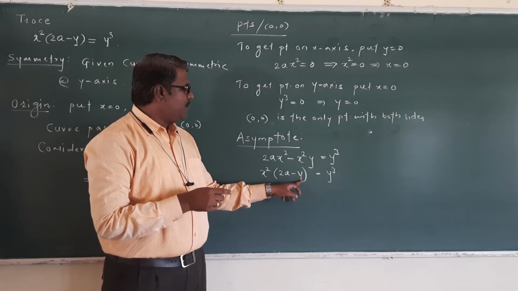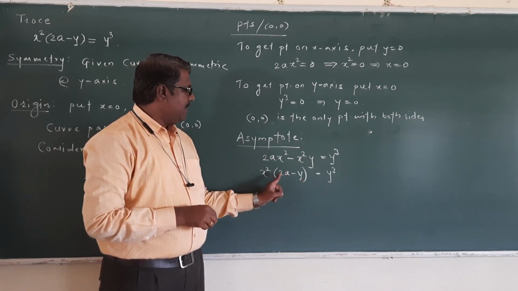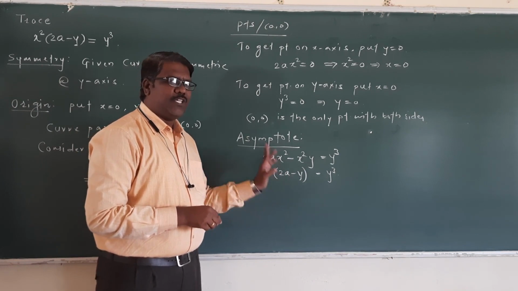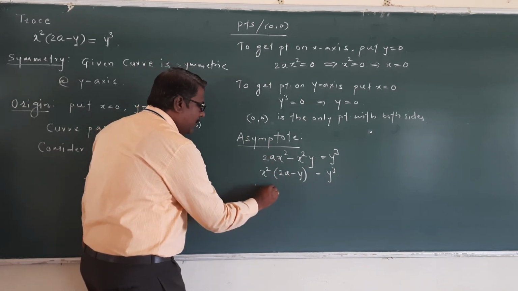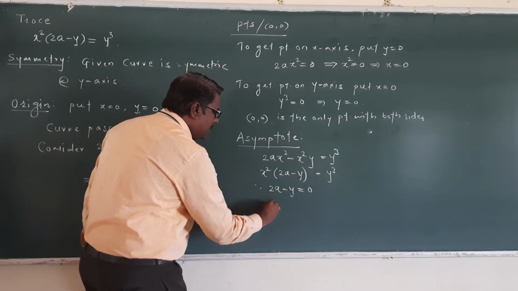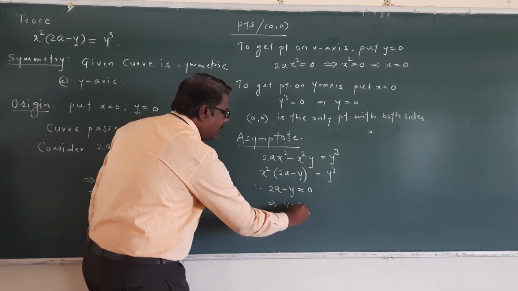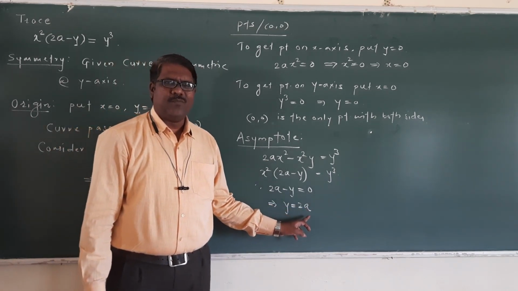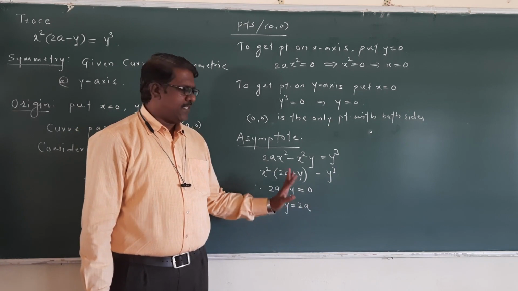So to get an asymptote parallel to x-axis, equate the coefficient of the highest power of x to 0, and therefore 2a minus y is equal to 0, and this implies y is equal to 2a. So y is equal to 2a is an asymptote parallel to x-axis.